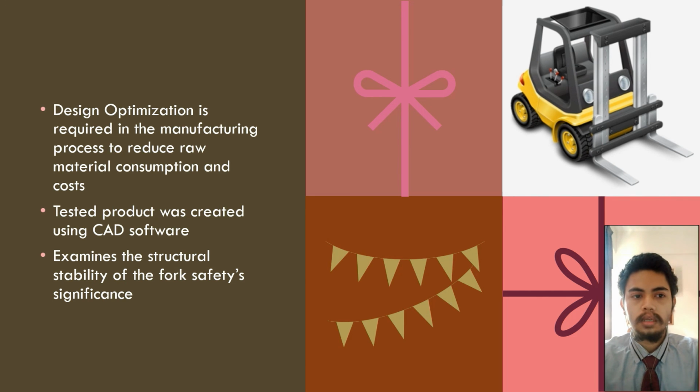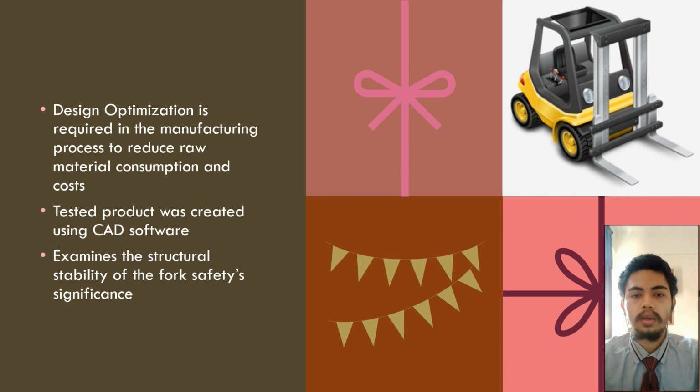To summarize, design optimization is required in the manufacturing process to reduce raw material consumption and cost while maintaining the product's robustness. In principle, the product that was tested using finite element analysis was created using CAD software, which identifies a product's weak points by analyzing it using the von Mises theory implemented in that software, as well as calculating the safety factor.